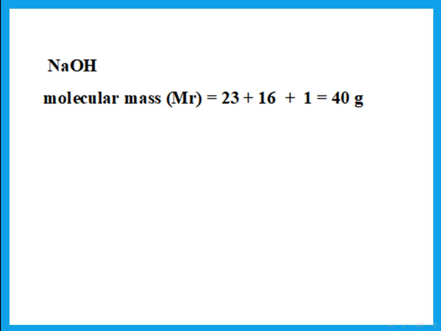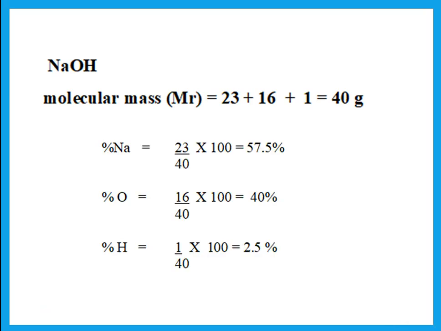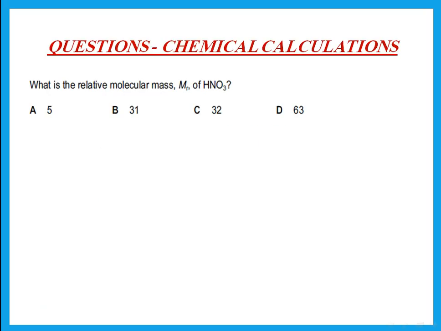You should realize that percent of anything is that thing over the total times 100. So percent sodium is the part for the sodium, which is the 23, over the total times 100. The percent oxygen is the part for the oxygen over the total times 100, and so on. This is how you get the percent of each element in the compound.